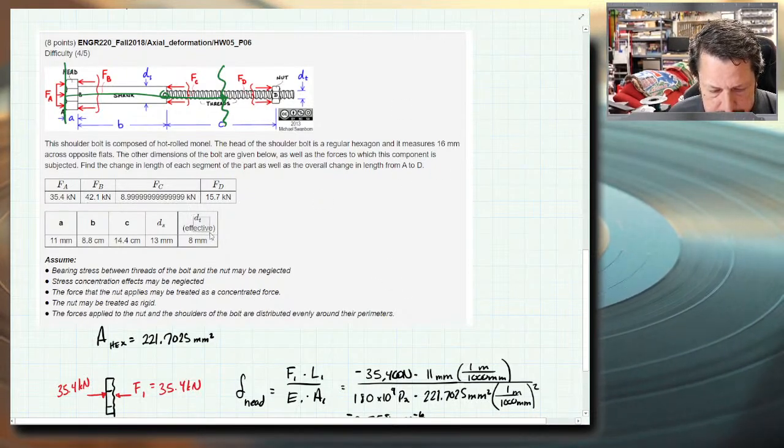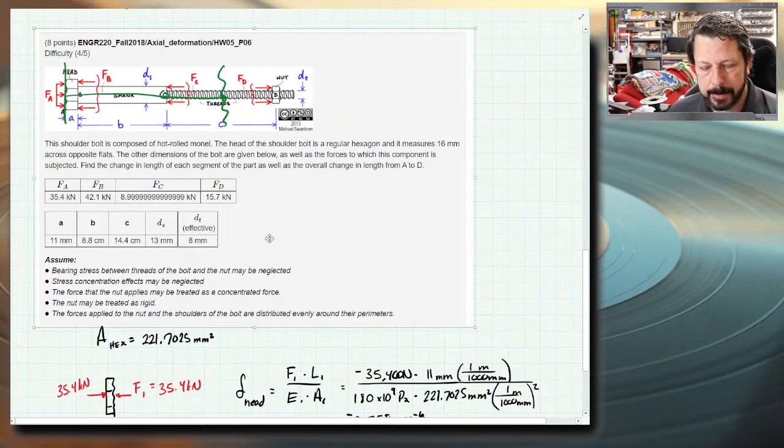So notice it says DT effective. When you have threads, normally what you do is you actually look up the thread area in a chart. But in this case, they're going to have you calculate it as a circle and just say the effective diameter. Because they're threads, then you know there's an outside and an inside diameter. And so they're saying the effective diameter if it were a circle.